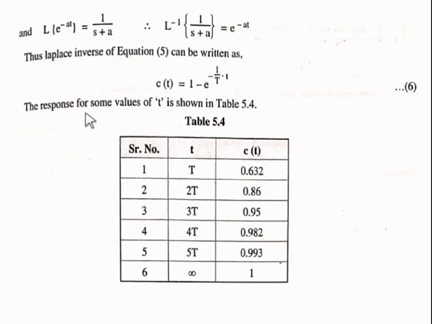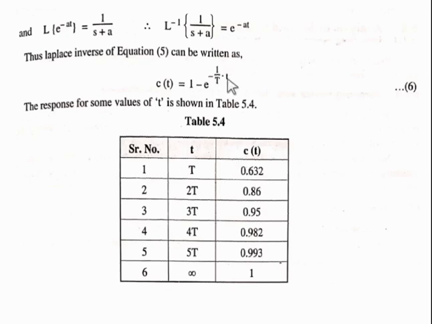Now for the response at different values of t, suppose we consider the time constants T, 2T, 3T, 4T, 5T and infinity. At t equal to T, the t over T cancels and we get e raised to minus 1, and solving 1 minus e raised to minus 1, we get 0.632.